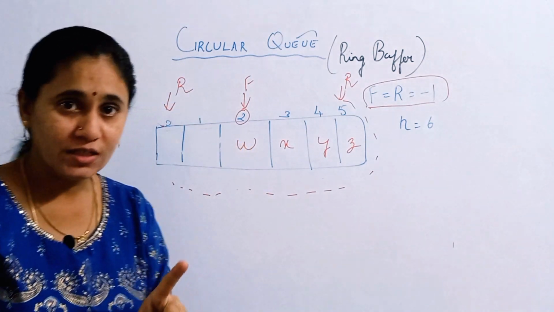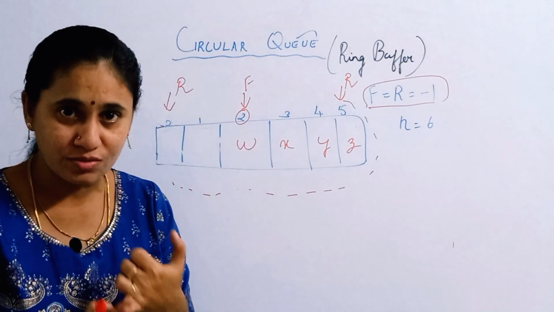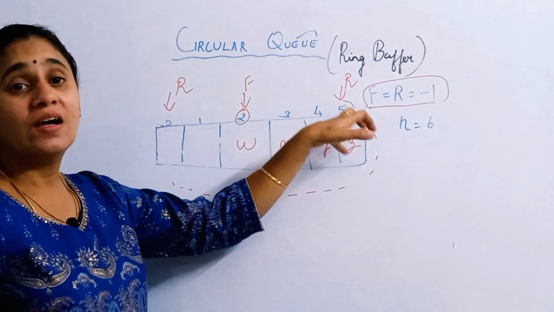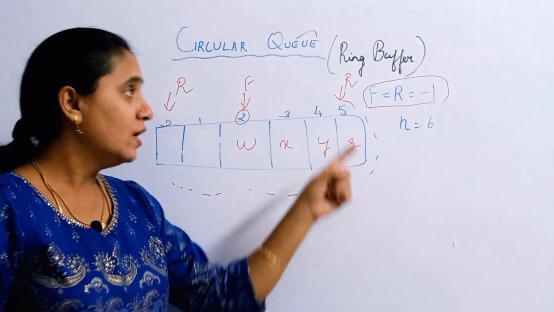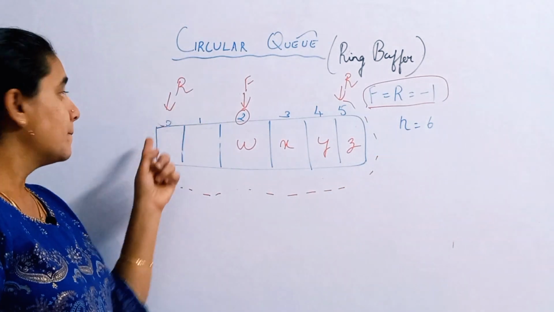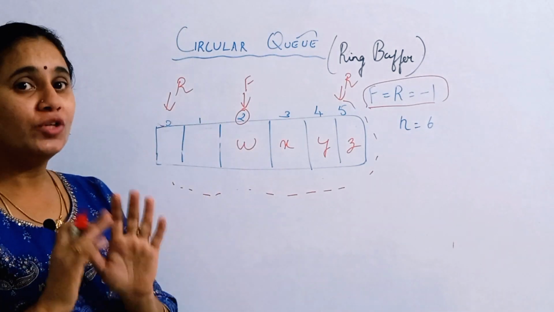So what is the condition? If the front pointer is not equal to 0 and the rear pointer is equal to the last index value, if these two conditions are satisfied, I can reinitialize the rear pointer to the first index value, right? Can you follow?